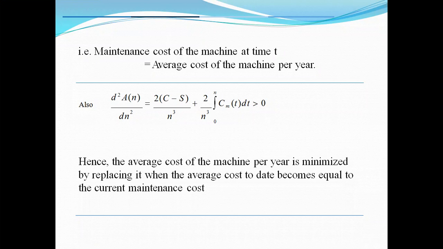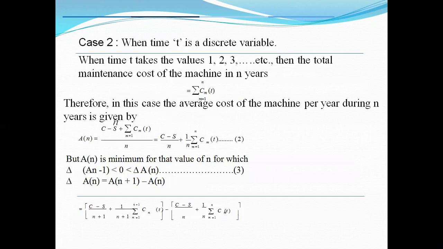So the minimum cost of the machinery at the time t is equated with the average cost of the machine per year, and upon this we have the double derivative, d square An by dn square. By having the average cost of the machine per year, it is minimizing per replacement, upon the average cost to date, which becomes equal to the current maintenance cost.